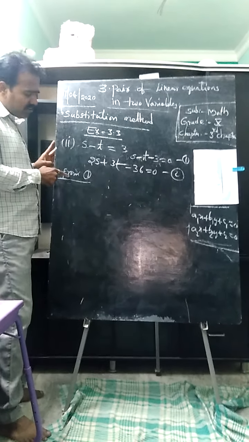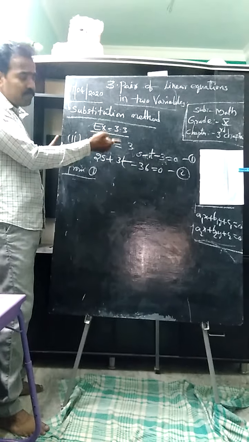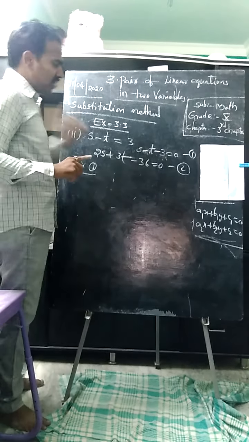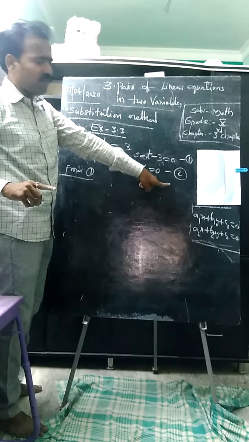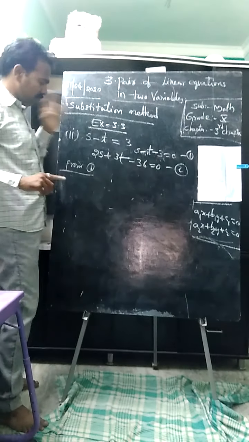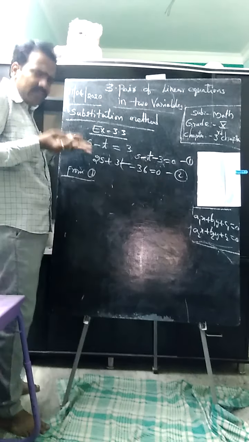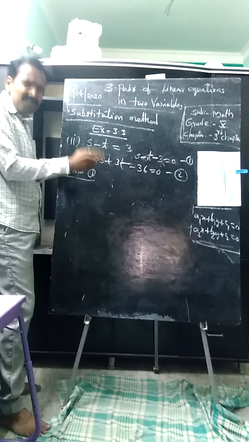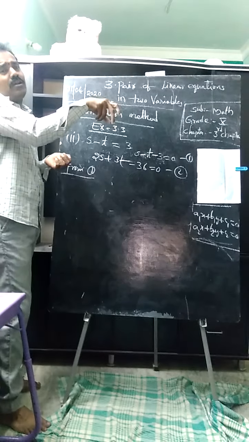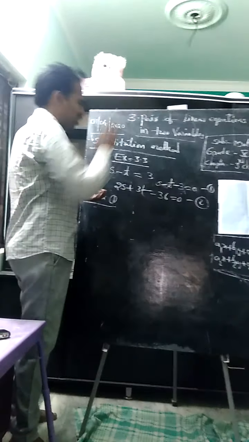From whichever equation we get the third equation, substitute in the other equation. If you take from 2, substitute in 1. If you take from 1, third equation, substitute in 2, reversely. We are substituting one variable in the other equation. That is why this method is named the substitution method.